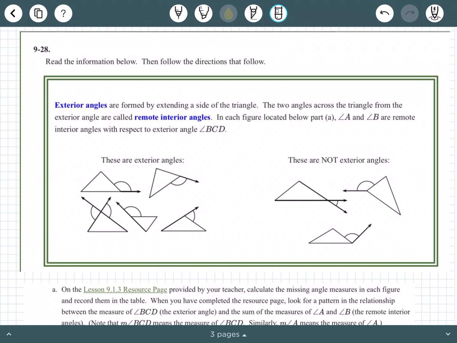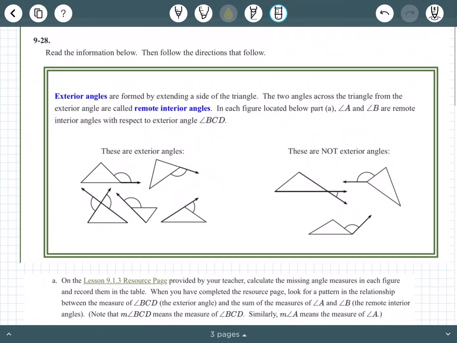In each figure located below, part A, angle A and angle B are remote interior angles with respect to exterior angle BCD. So what they're saying here is that exterior angles are made when we extend a side of a triangle.